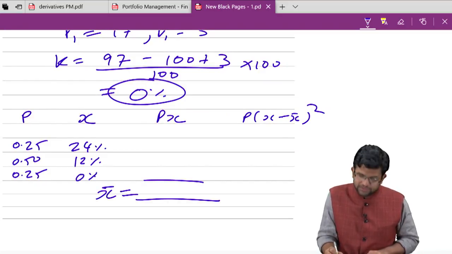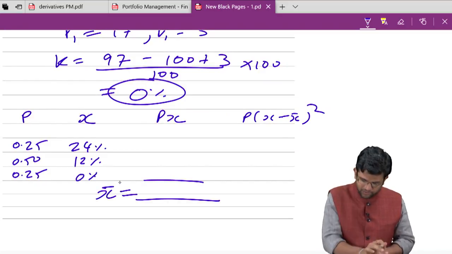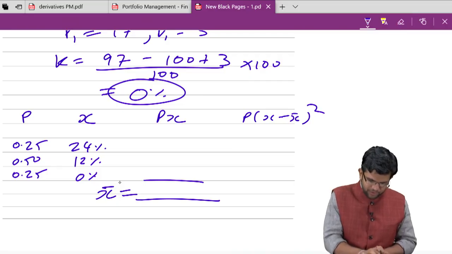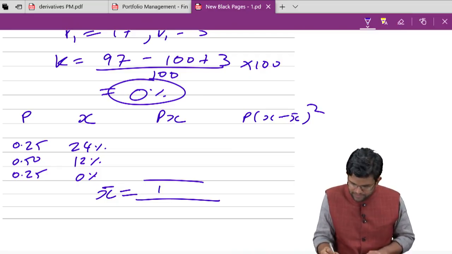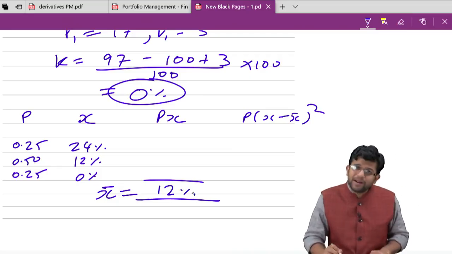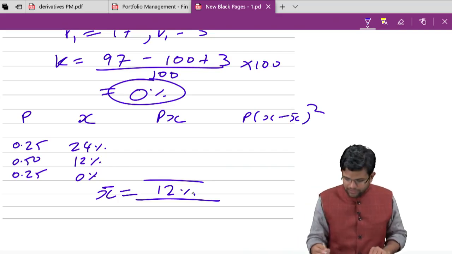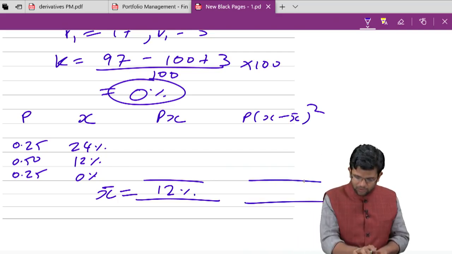Let us find the x bar, that is the expected return of this security. 0.25 into 24 plus 0.50 into 12 plus, and next is 0 only. So this gives me 12%, which means the share is expected to give 12% return, and the deviation, let's calculate, students.